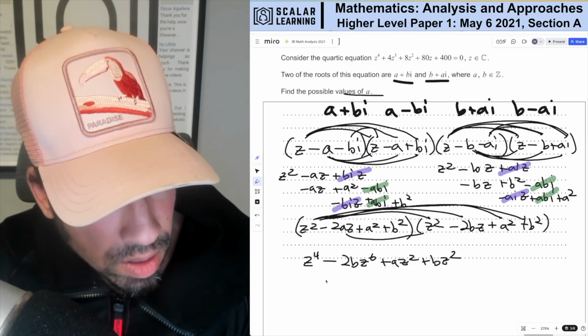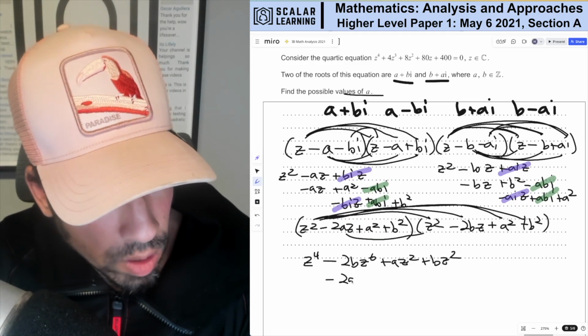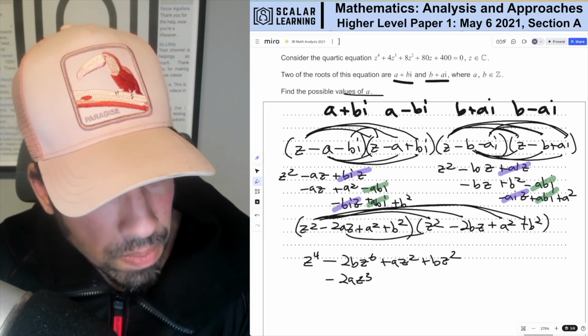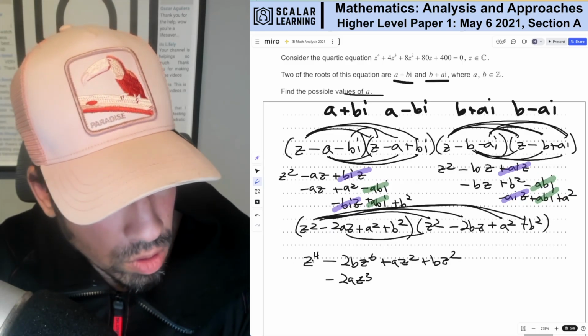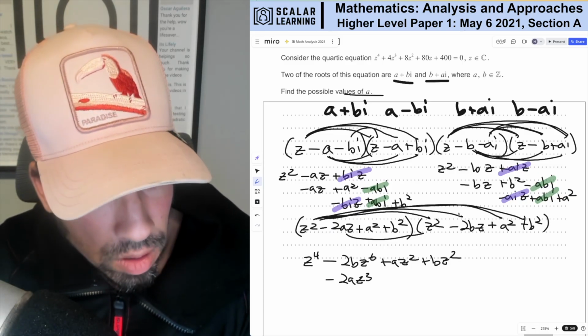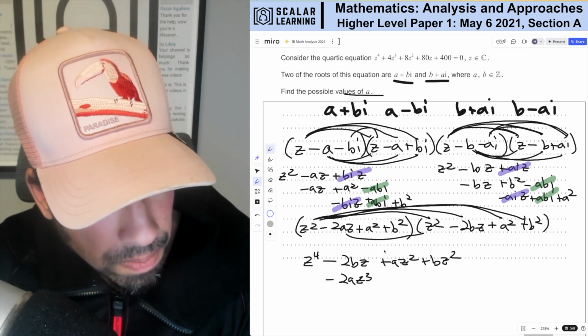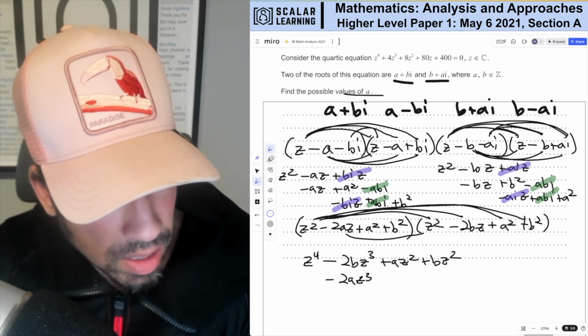Now we have negative 2az cubed. Oh, wait, I think I made a mistake here. This was supposed to be z to the 4th, negative 2bz to the 3rd. Sorry, that's supposed to be to the 3rd, because these should match up, at least in degree.